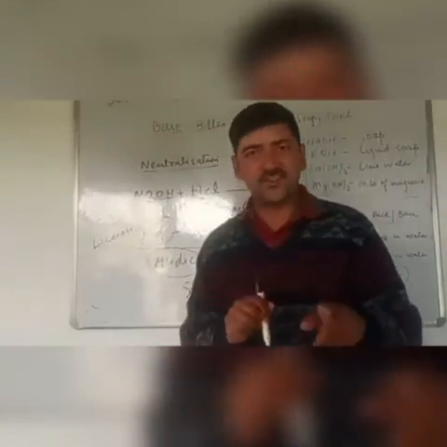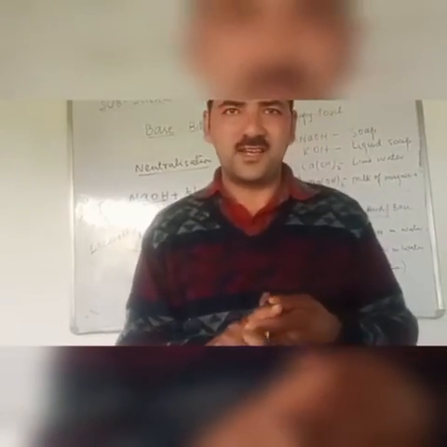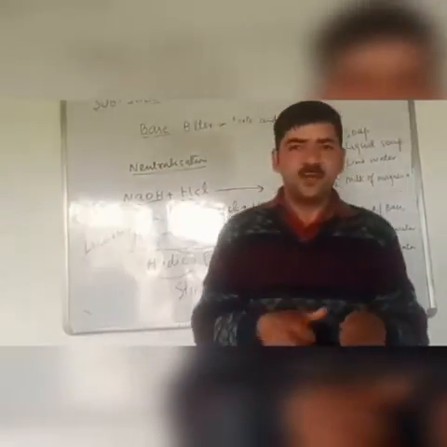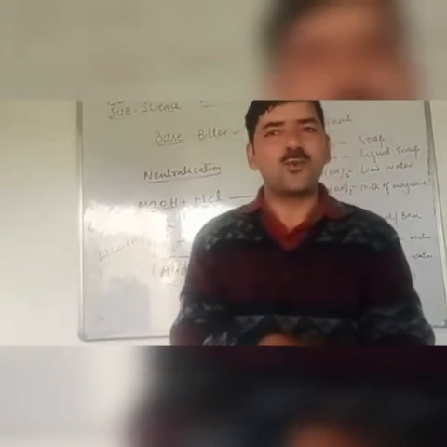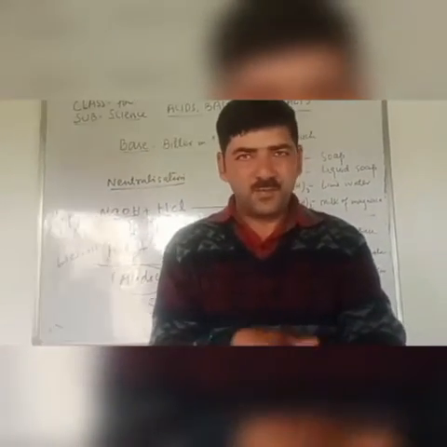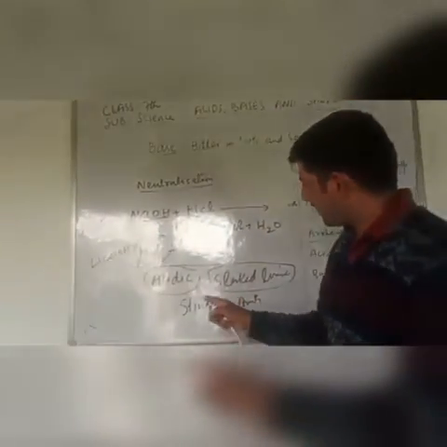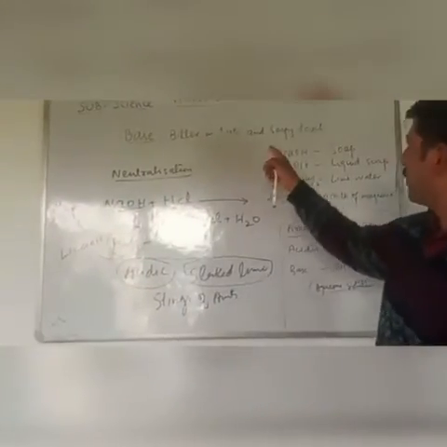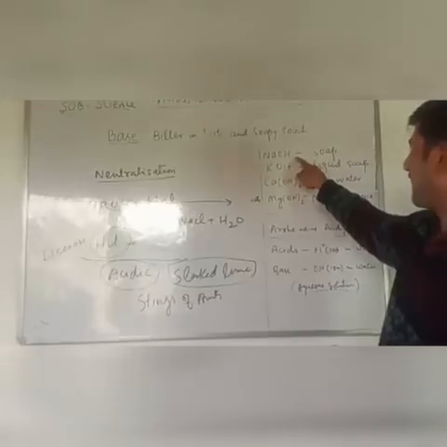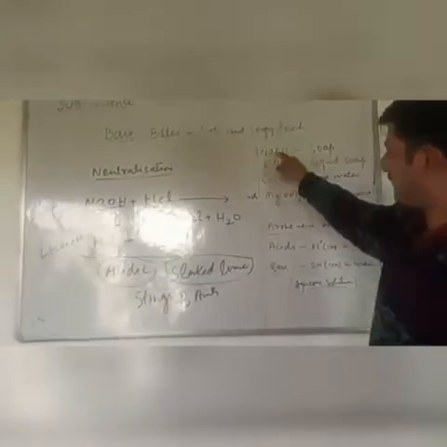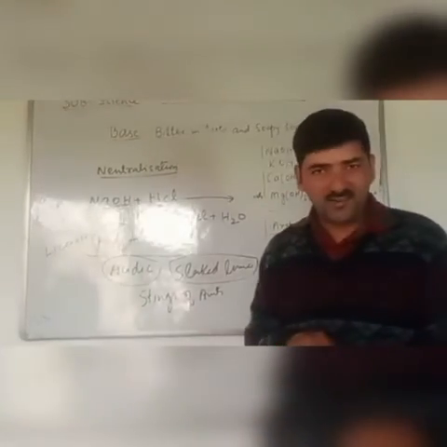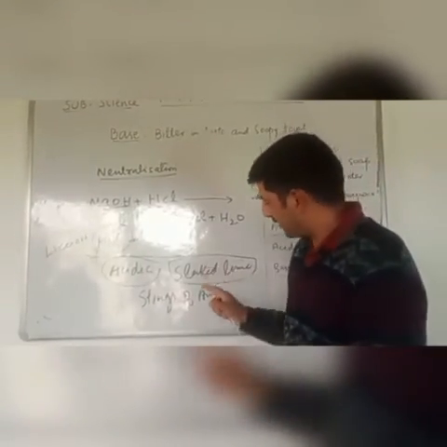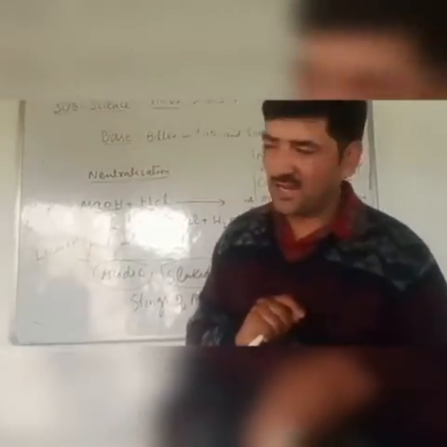So that sting contains formic acid. What do we do? We apply soap or toothpaste on that sting. Soap contains sodium hydroxide, which is a base. So this base neutralizes the effect of the ant sting. Okay, so this is also a neutralization reaction.